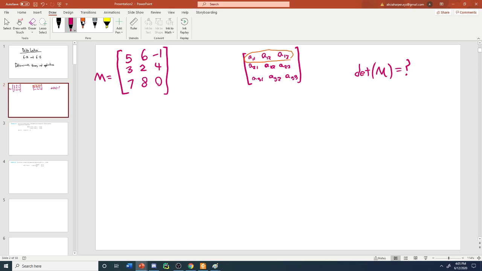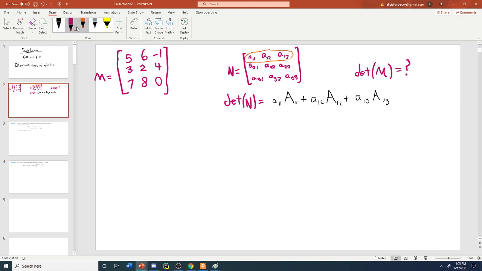And then you take their sum. And so if this is M, the determinant of M ends up being equal to the sum, well, in this specific case, A11 times the cofactor A11 plus A12 times the cofactor A12 plus A13 times the cofactor A13. And we did several computations along these lines last class, but as a way of warming up today, let's do one more.